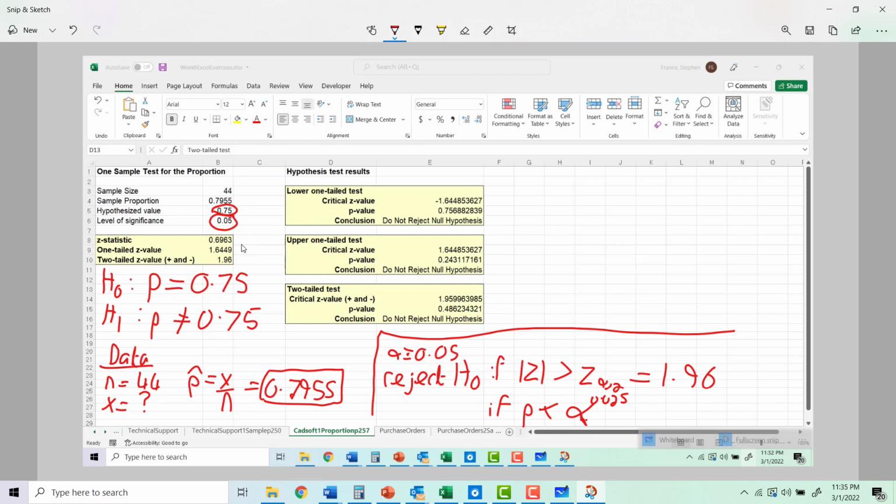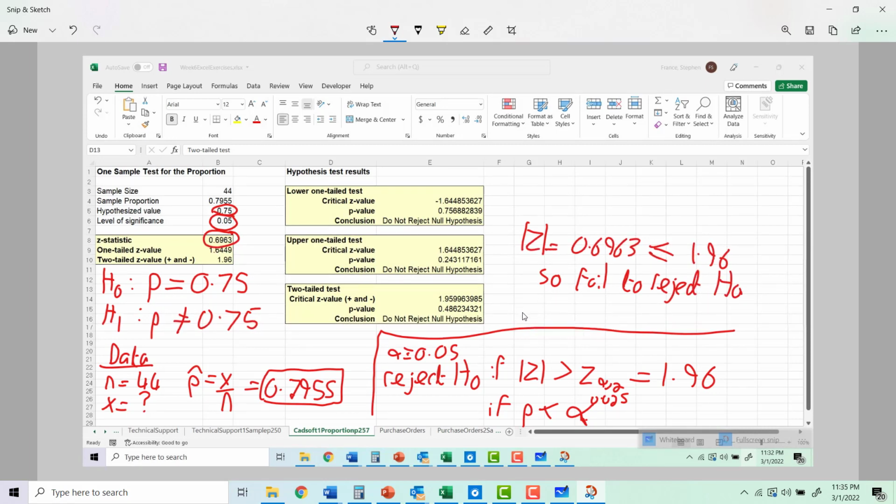Now, my actual z here is 0.6963, which is less than or equal to 1.96. And I'll stick the absolute value here. So we're going to fail to reject H0.